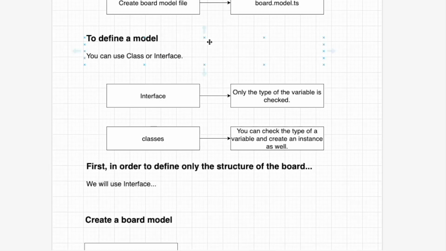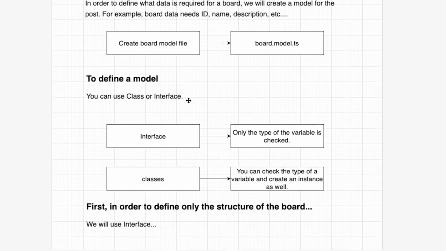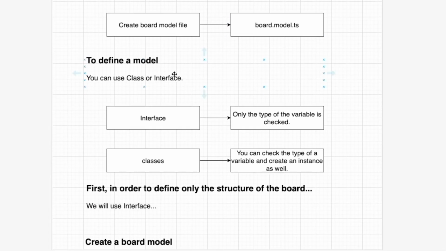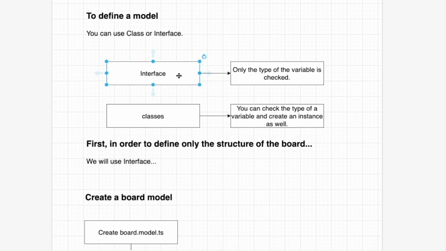We define the ID, name and description inside the model part. So first we need to make the model file. The name is board.model.ts. To define the model, we can use a class or an interface. If we use an interface, we can only check the type of the variable.